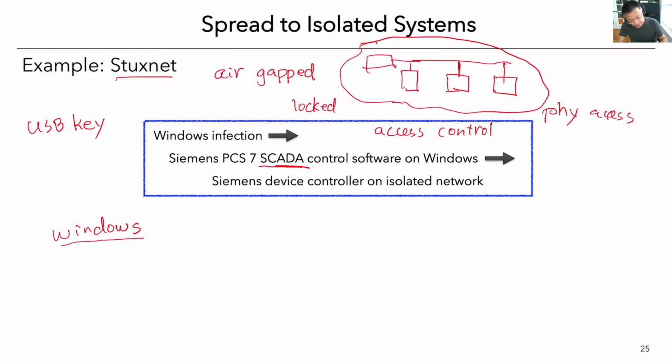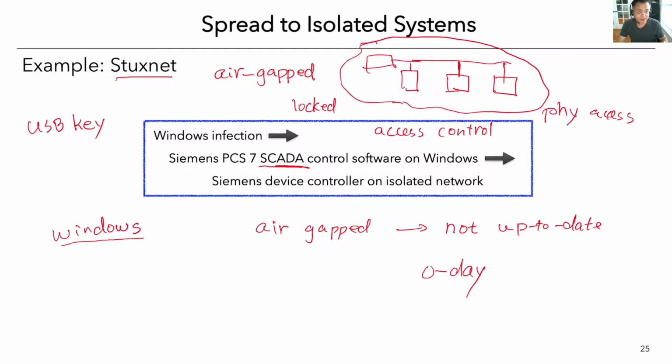Because the systems are air-gapped, it means that more often than not, they're not up to date. Okay, they're not patched. So Stuxnet actually used some 0 days because this is a very important target. So they actually used 0 days to target those computers.